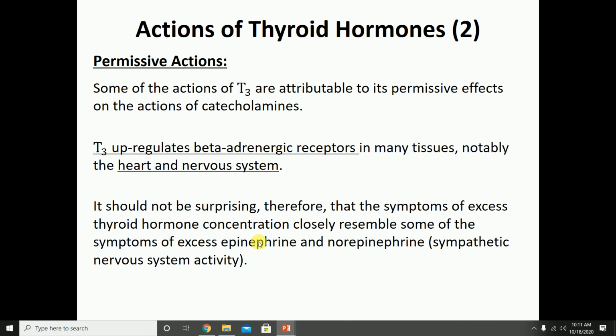They have hyperreflexia because, again, we have increased the adrenergic receptors in the nervous system. So you see how knowing the normal action of a hormone can lead us to understand the clinical picture, the symptoms and signs that are produced if there is a hypersecretion of that hormone.